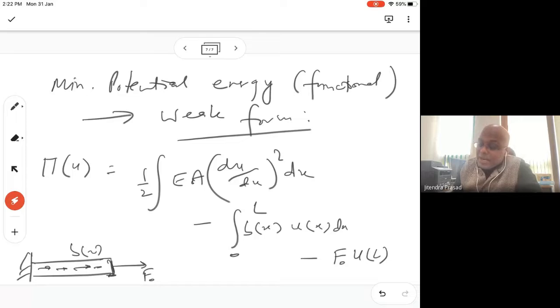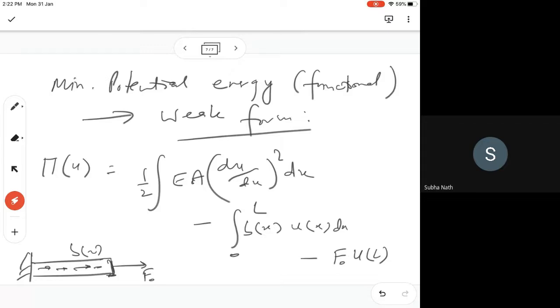Okay, so that actually, yeah, Subnath. Sir, in the potential energy statement, you are using F0 as a term at the boundary, a point force, but in the previous method, we did not use any kind of F0.